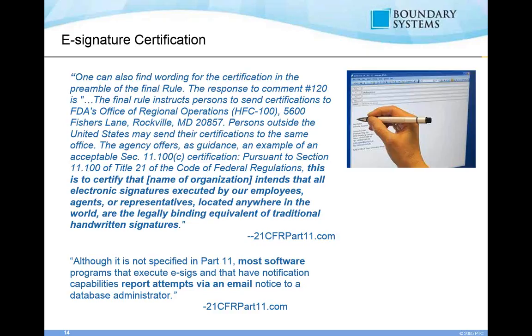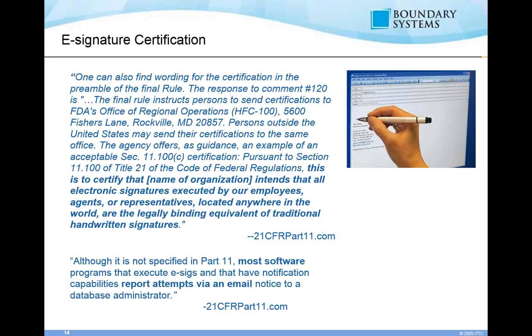So here we're looking at getting everything certified through the system, and we're just using our e-signature certification to do that. Down at the bottom, it says, although it's not specified in Part 11, most software programs that execute e-signatures and that have notification capabilities report attempts via an email notice to the database administrator.